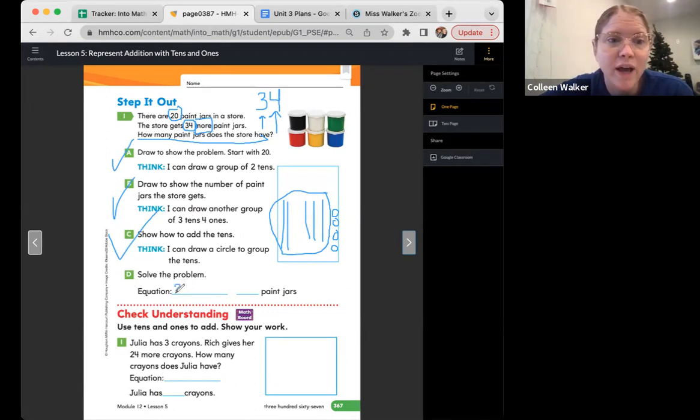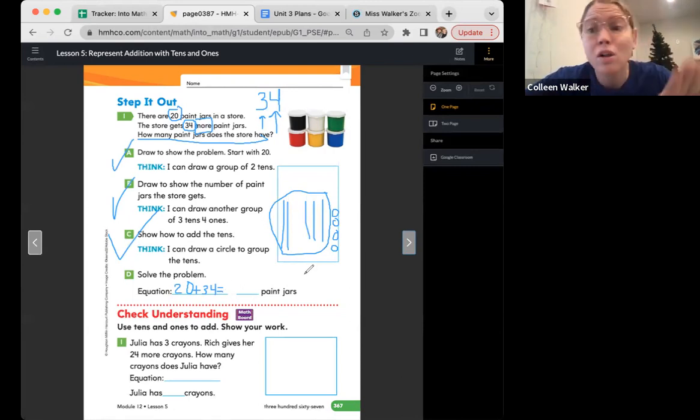That's right, we're adding 20 plus 34. Very good. Equals. Now, to figure out our sum, why don't we go ahead and count out all of them? Now that we drew 20, we drew 34, let's count up to figure out our total.